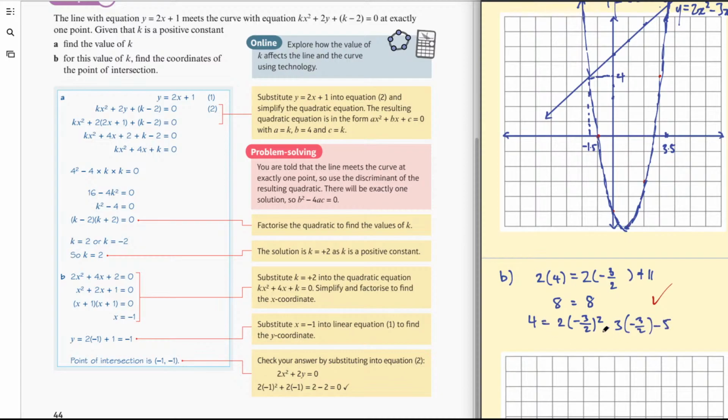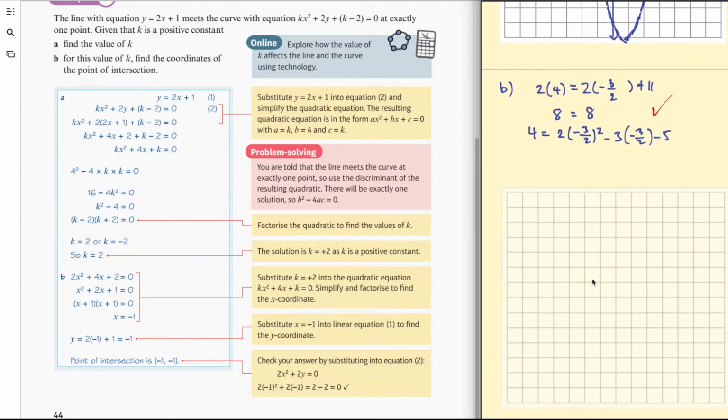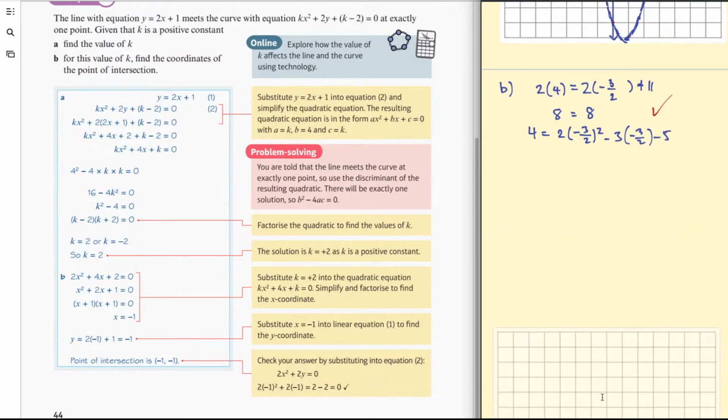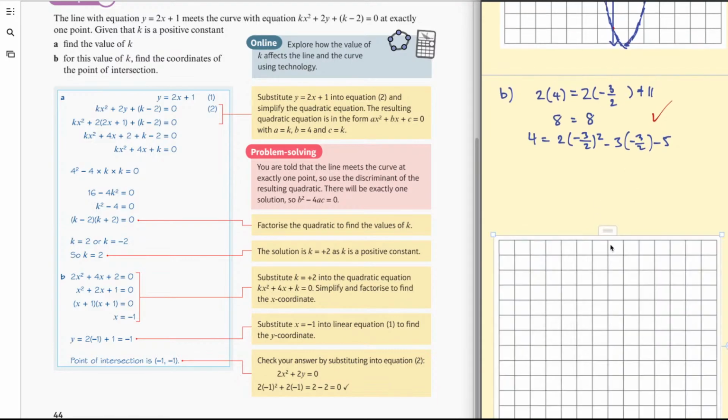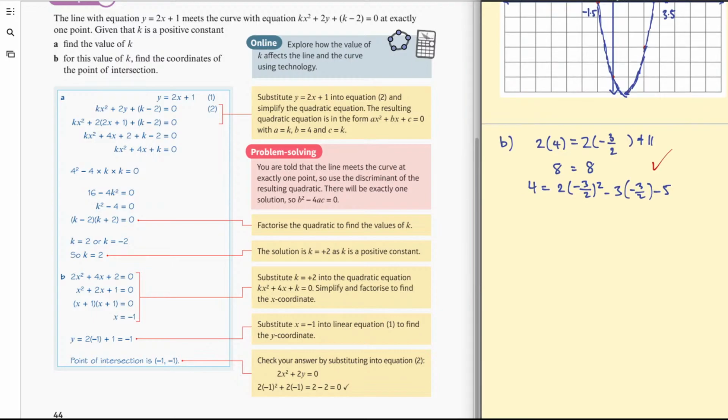Is this true? Let's see, so all of this needs to equal 4. This is 2 times 9 on 4 plus 9 on 2, take 5.